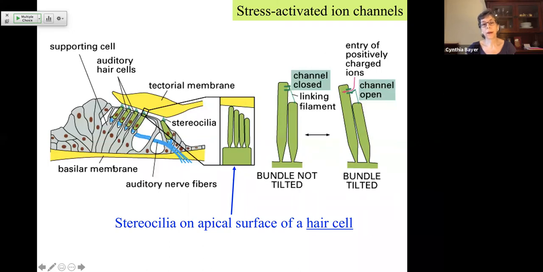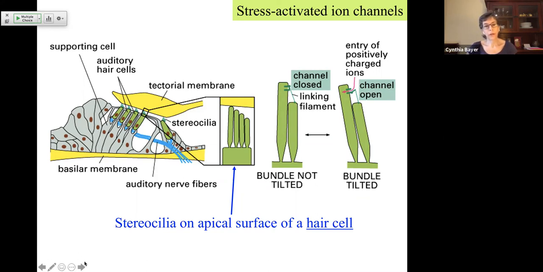So we're going to talk about this type of ion channels opening and closing, allowing for charged ions to enter or leave a cell, that is changing a membrane potential. And we're going to continue looking at that when we look at the electrical signals that are being transmitted along neurons later on in our chapter.